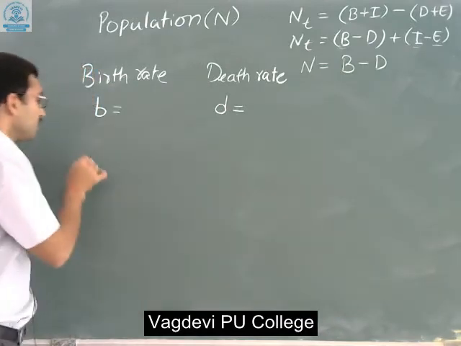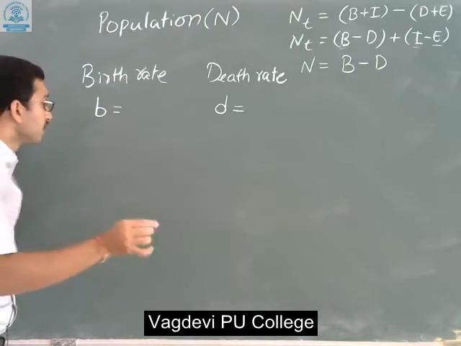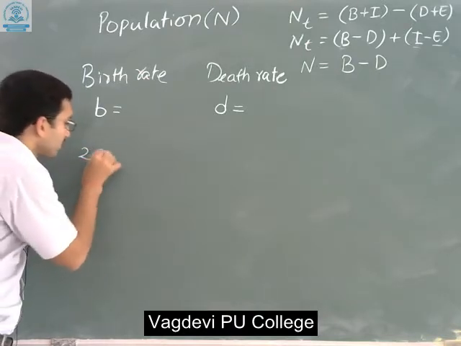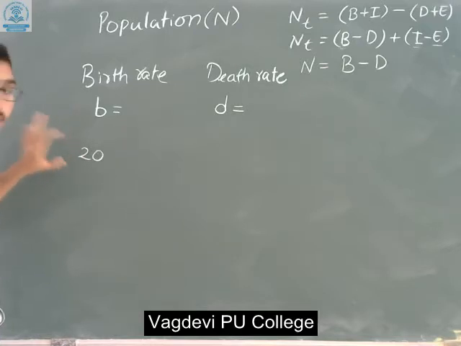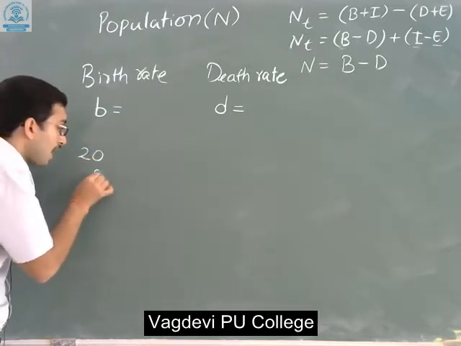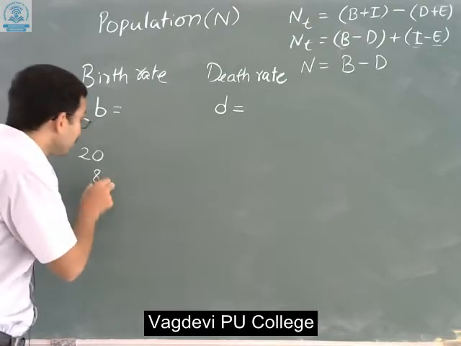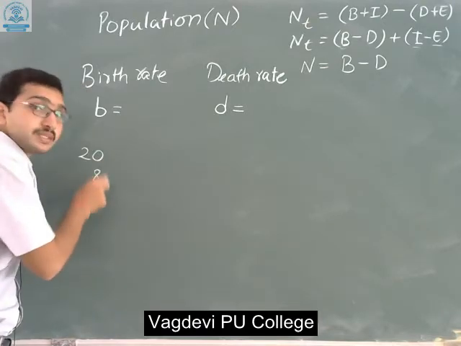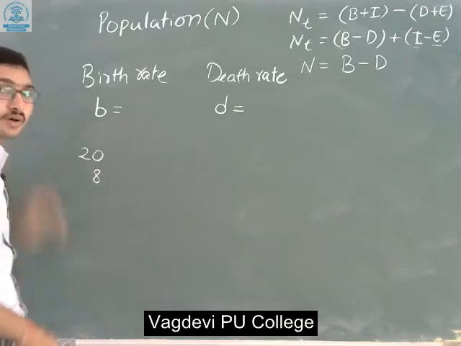Let's take the example of a closed pond. In this pond you can find 20 lotus flowers. To these 20 lotus individuals, we have added 8 new lotus flowers; that means 8 new lotus flowers have grown in this group of 20 lotus.